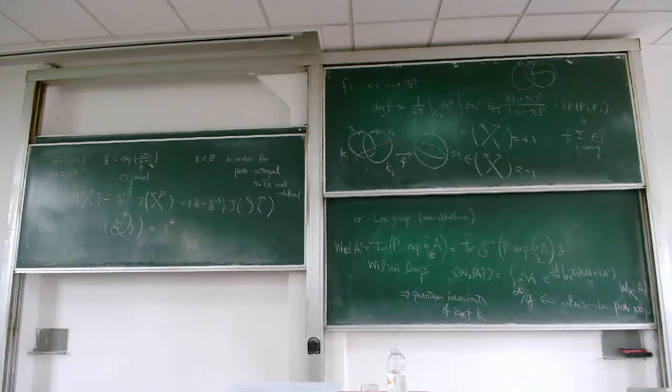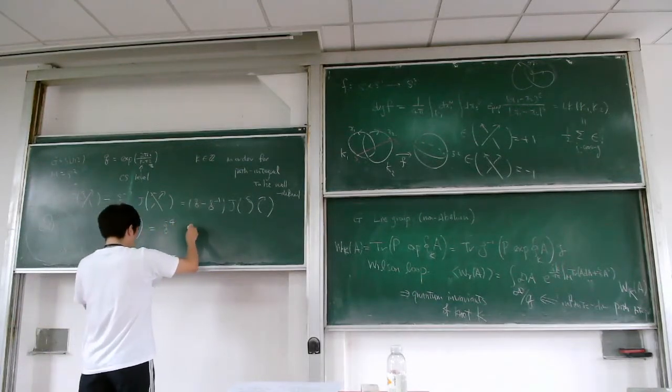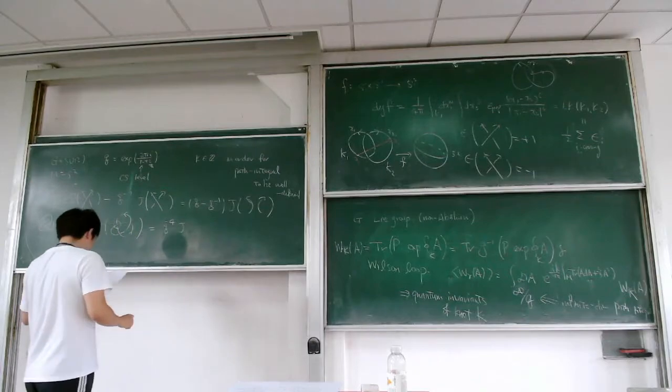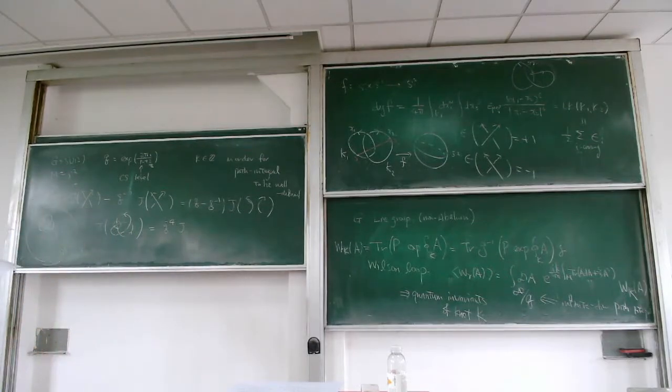I think, am I doing correctly? I think minus 4, q to the minus 4, J. Am I doing correctly? If I make a mistake, I don't get the right answer.